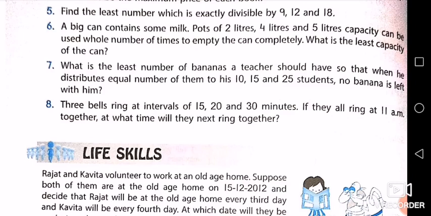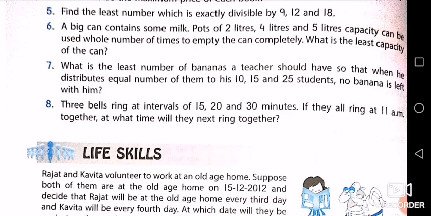Again you can see in this question it clearly signifies that the word least is used, so you are supposed to find the LCM. LCM to get the total number of bananas so that it will be equally distributed among 10, 15 and 25 students. So the least number of bananas you have to find so that it will be distributed among all equally. So here you are going to find the LCM of 10, 15 and 25.